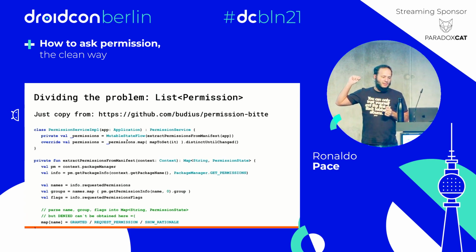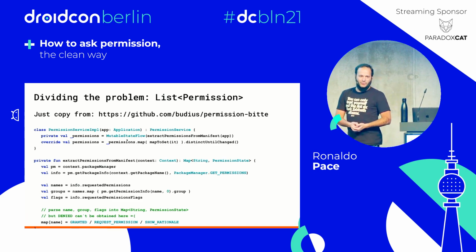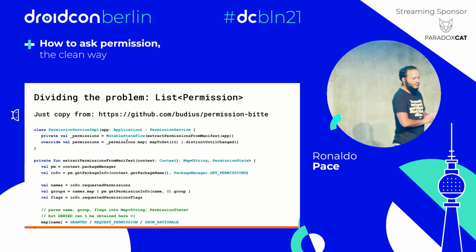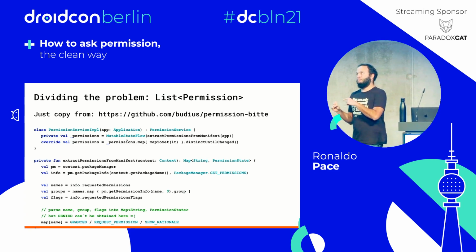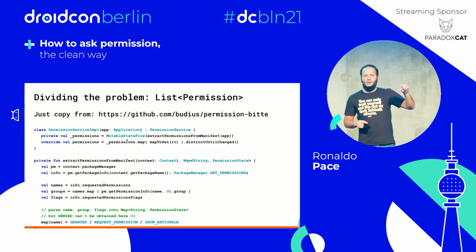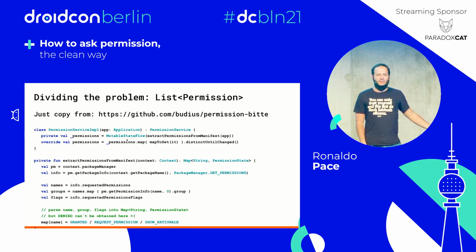A little preface from this part. There is this open source library, PermissionBite, that I worked on before. It's PermissionBite because I've learned in Germany you have to be polite, so you ask nicely. And permission because I don't know how to say permission in German, so it stays in English. And over there, the use case for that library is I want one call that's going to just go and ask the user every permission that's on the manifest.